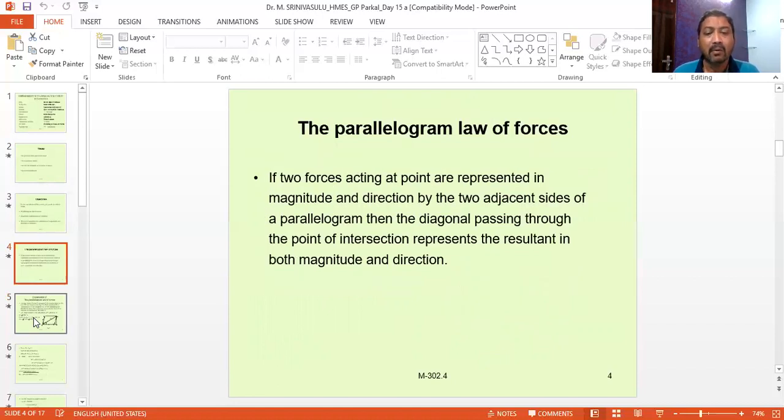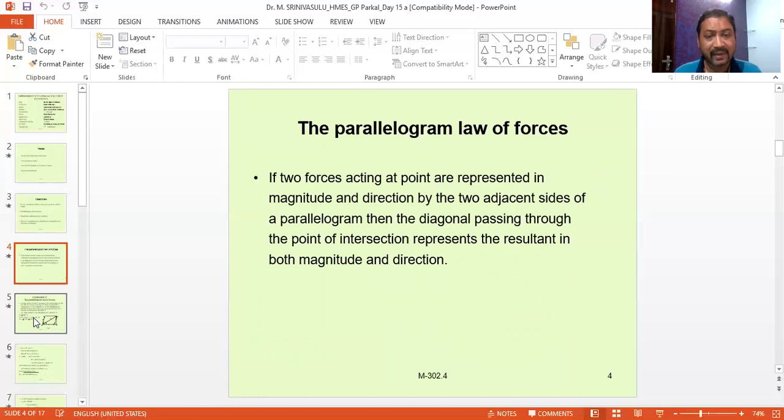If two forces acting at a point are represented in magnitude and direction by the two adjacent sides of a parallelogram, then the diagonal passing through the point of intersection represents, both in magnitude and direction, the resultant of those forces.